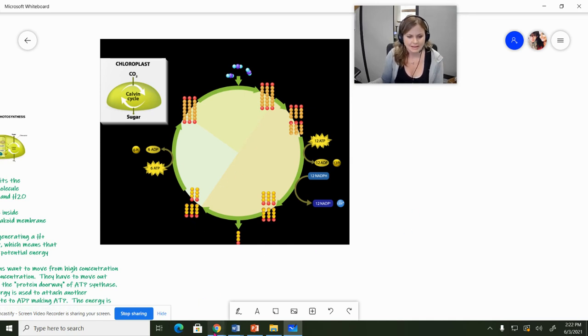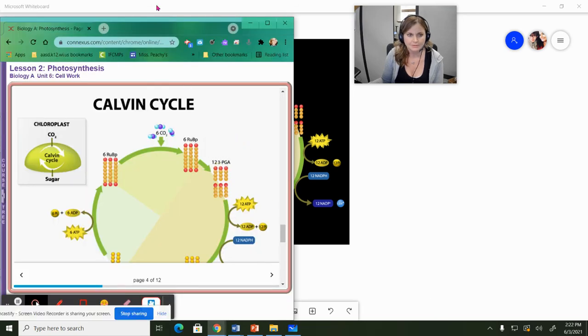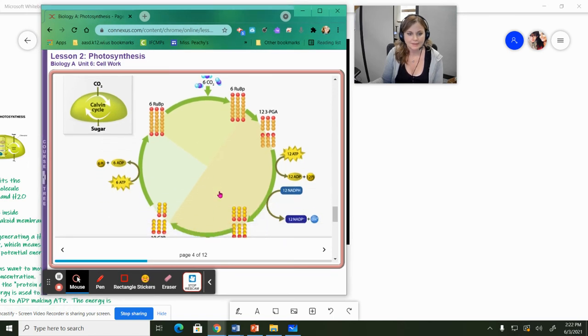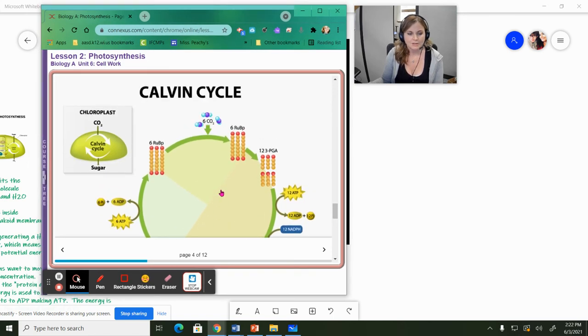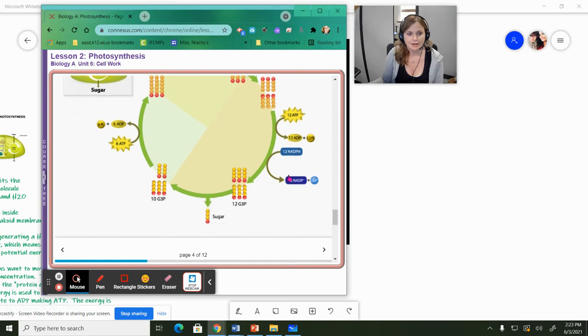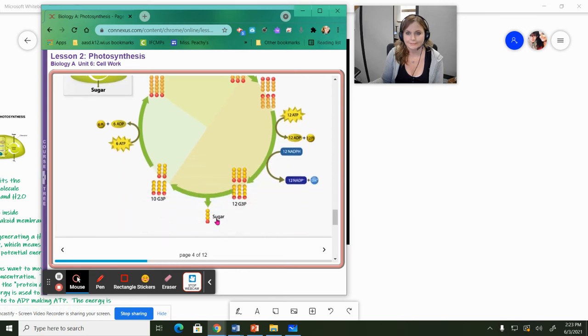Basically, in our Calvin cycle picture, what you're going to notice is that you start off with ATP and NADPH, and you end up with sugar.